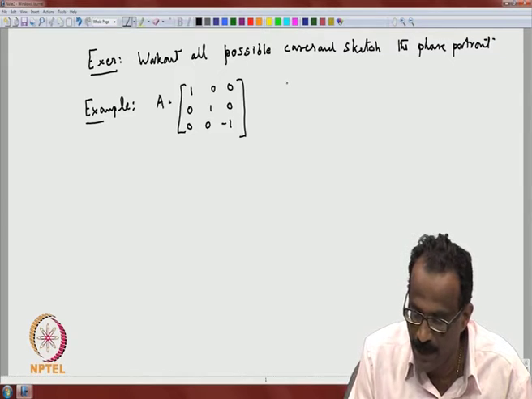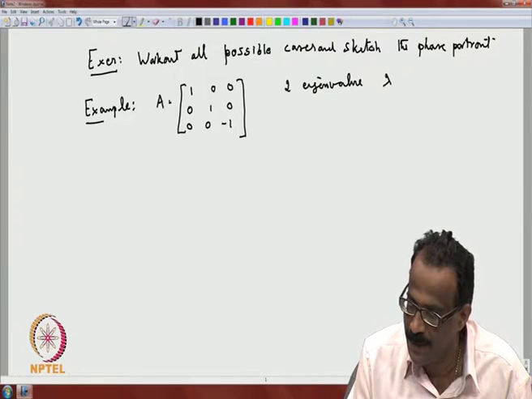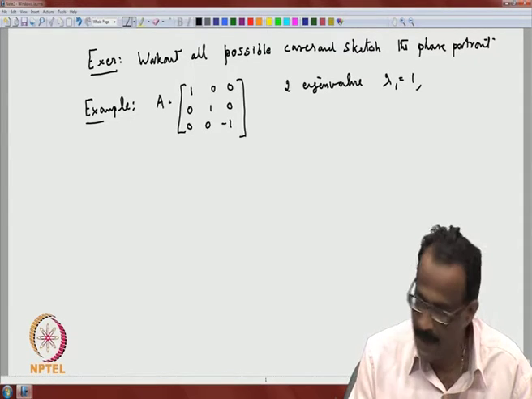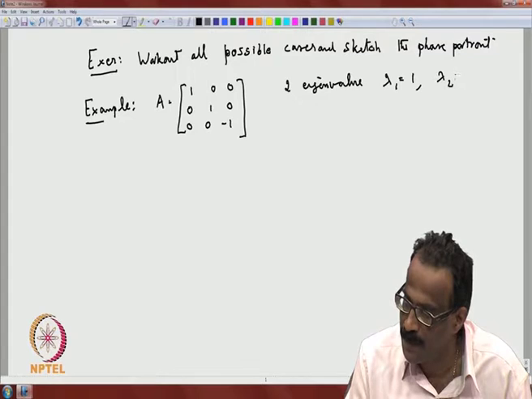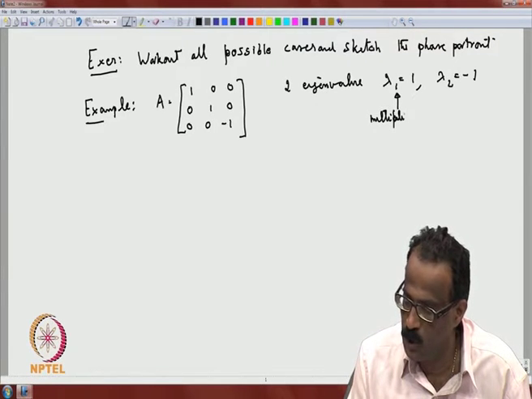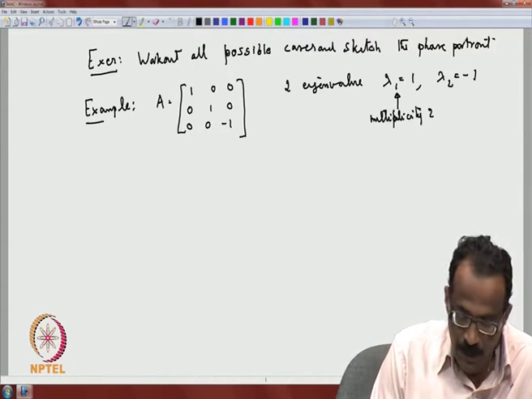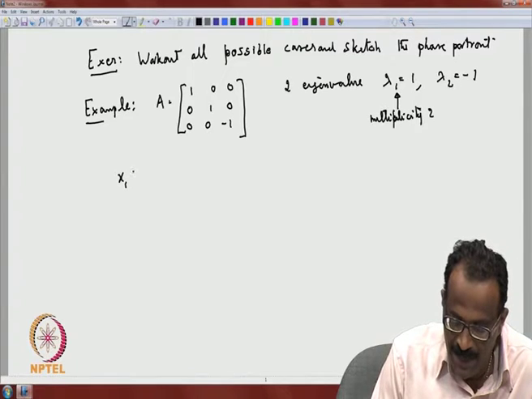So, two eigenvalues, lambda 1 equal to 1 and lambda 2 equal to minus 1, and here you have algebraic multiplicity 2. Luckily, it is in that format. It is a decoupled system, so you can write down your solution immediately.